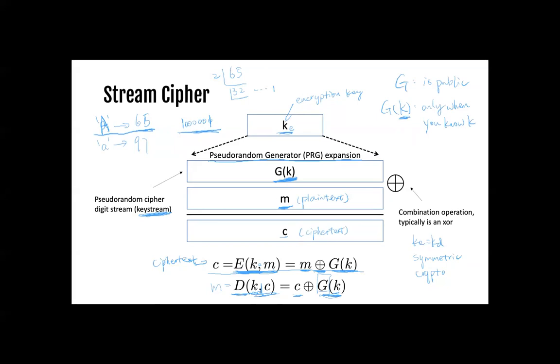So this is the correct answer for capital A. Although in the real world, we would probably add some more 0s before this, because we want to make sure that every character has the same size. For ASCII, you want to make sure that you have 8 bits for each character.